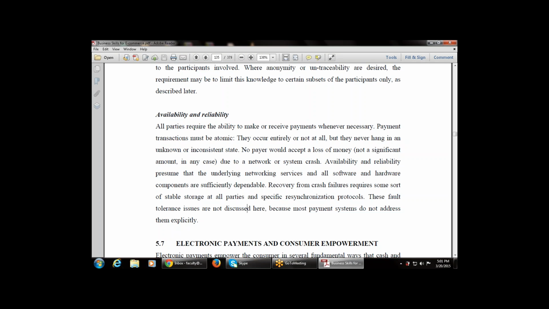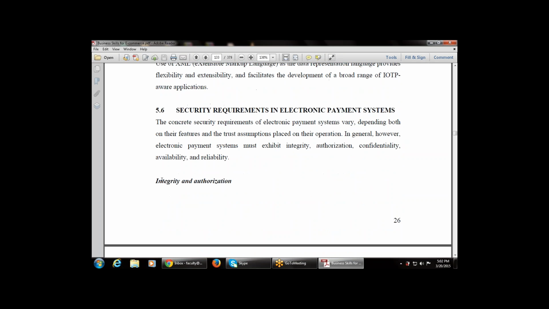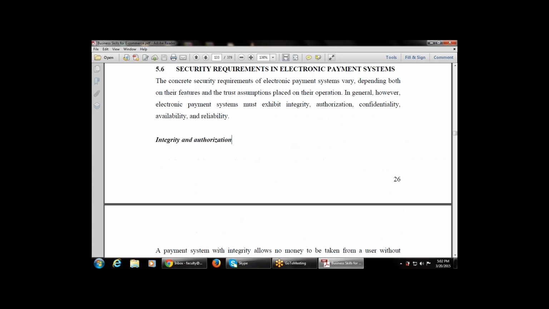One is integrity and authorization, that is, there must be identity information. The first requirement is that the transaction information must be integrated with each other, and that it must be authorized.